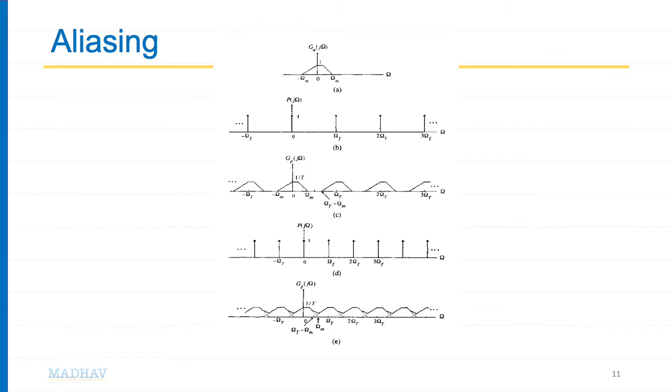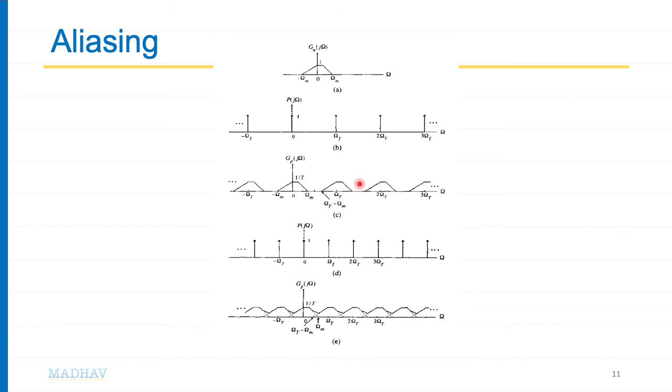Now, what is the concept of aliasing? So imagine that your signal is band limited, which means the analog signal has non-zero values between minus capital omega m and plus capital omega m. And this is your pulse train, and you convolve the two, you get GP j omega, basically the periodic version. And how does it look? It looks like this, the periodic copies, right? Now imagine if your sampling frequency is small. Sampling frequency being small means the peaks in omega are closer.